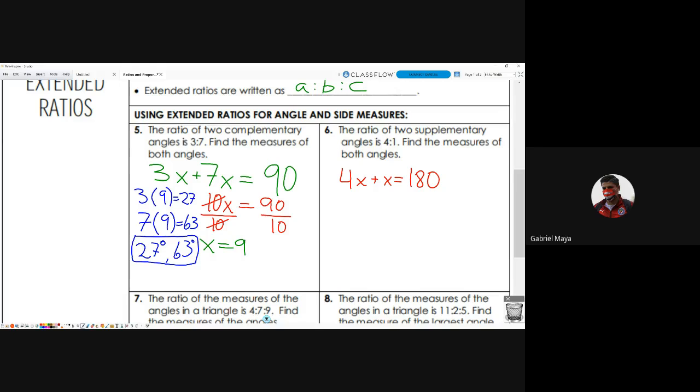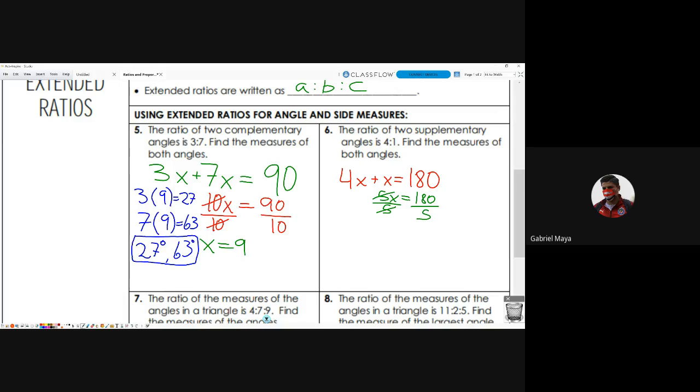So this time we do say 180. So now what do we do? Well, let's combine like terms. 4x plus x is 5x, and this equals 180. 5x equals 180. Now what do we do? Well, divide both sides by 5.